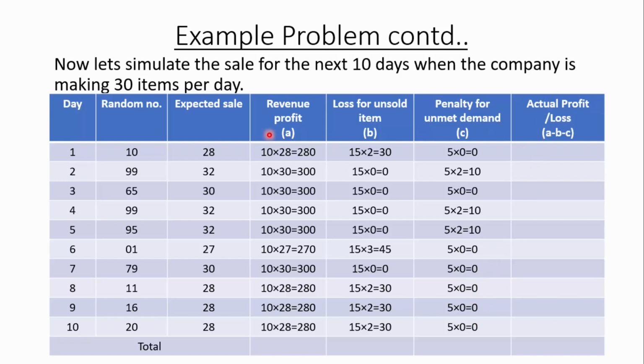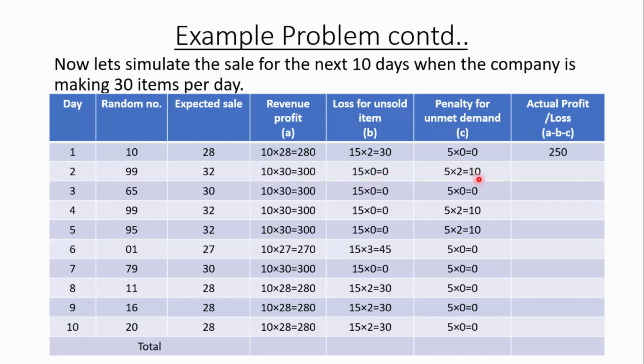It is simply given by A minus B minus C. So for day 1, the A value is 280 minus 30 minus 0, which will be 250. Similarly, for day 2, the profit revenue A is 300, so 300 minus 0 minus 10.